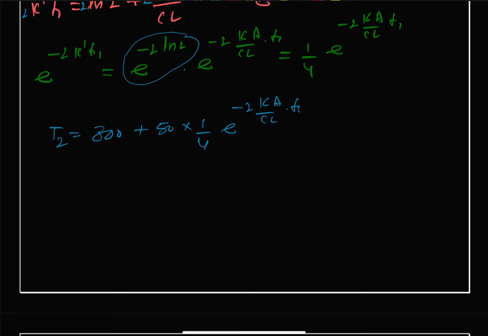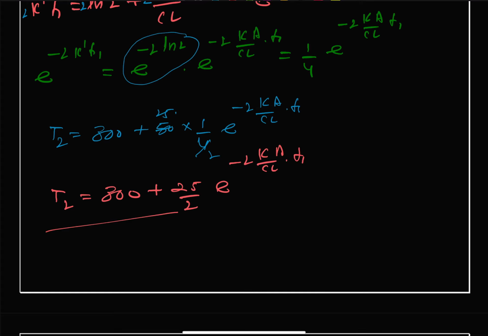And we can just keep it, or we can just cancel. This comes as 2 and this comes as 25. So we get T2 is equal to 300 plus 25 by 2 e raised power minus 2 Ka upon Cl times T1. So this is our temperature.